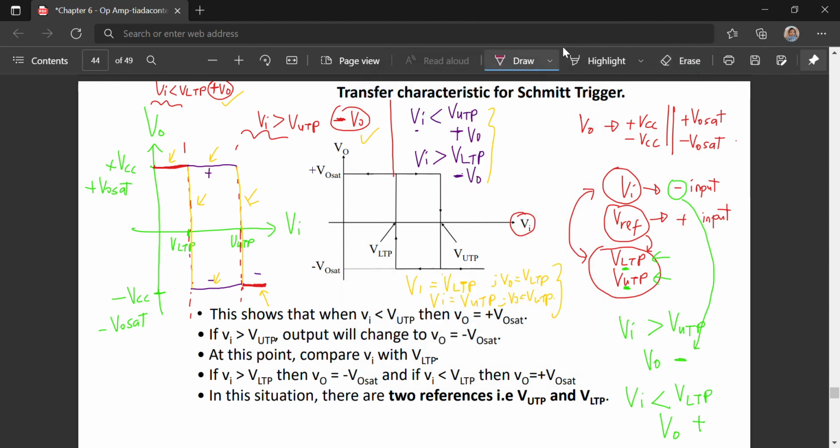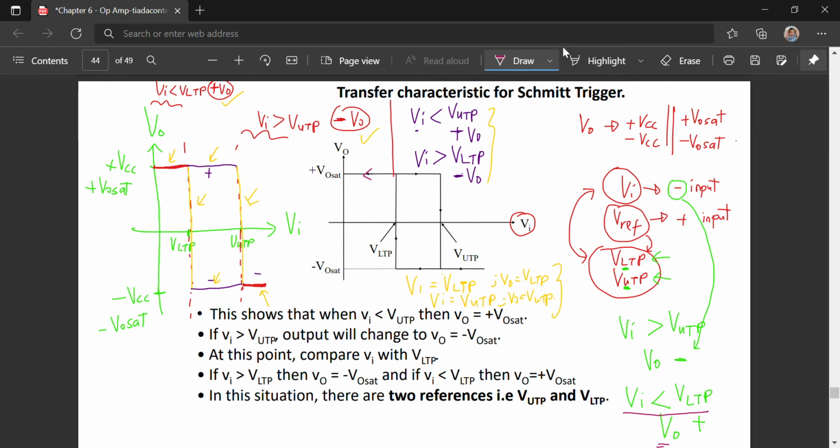So let's see, if your VIN is less than VLTP, VIN is less than VUTP, the output will be the positive saturation. That's why the arrow is pointing in this direction.